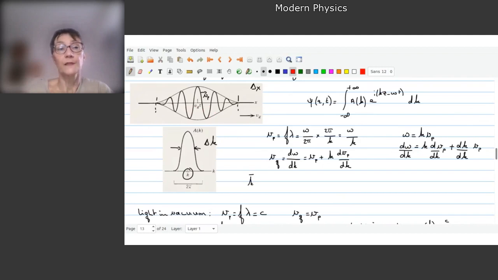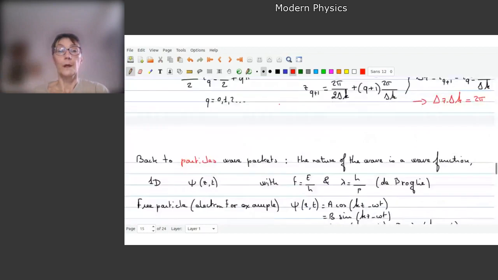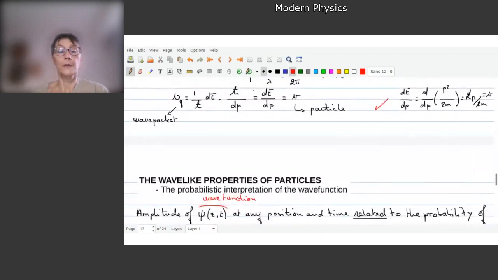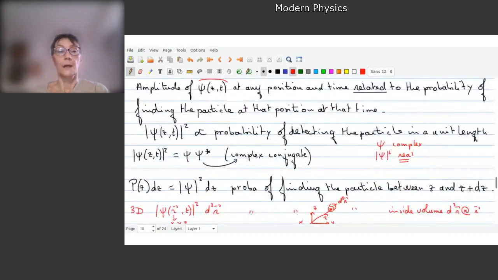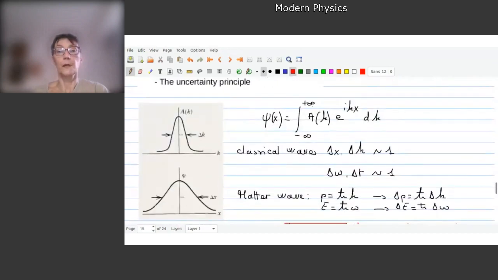Some of them you will find here, some here, and some here. But if you do a lot of measurements, you will find a distribution which will have this squared shape, okay? And so you will find much more electrons here than here, but you will find them in all the wave packet, okay? And so I think that's it, okay?